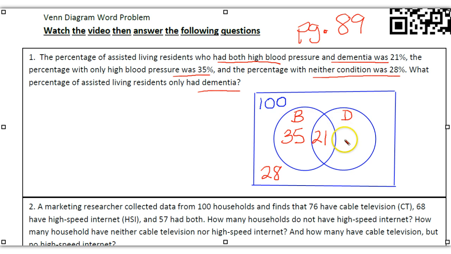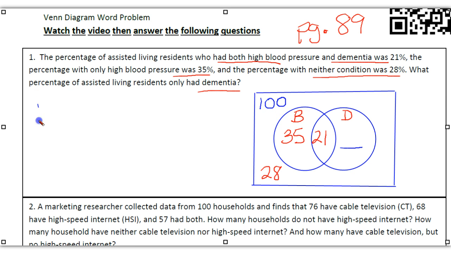Now, what we have to do is just find this. So what strategy? Well, can you see that this, and this missing one here, and this have to add up to 100.